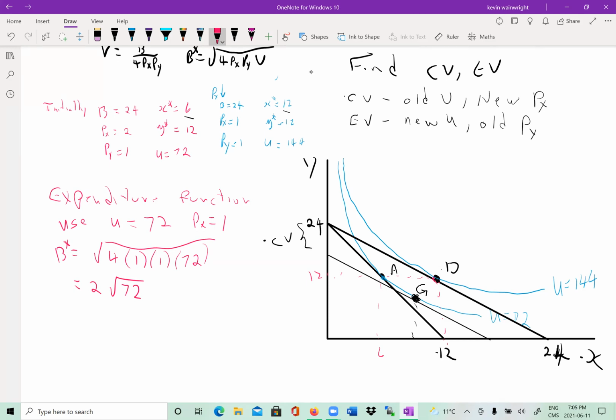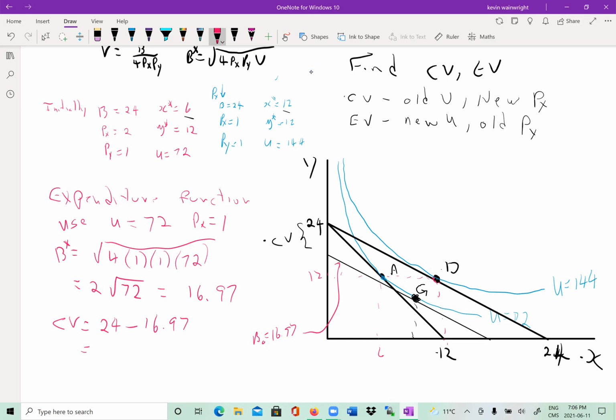And that number is approximately 16.97. So the budget I need to be on the new lower line is B0 equals 16.97. So my CV will be 24 minus 16.97.